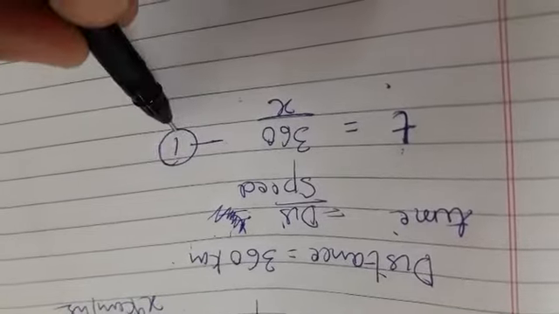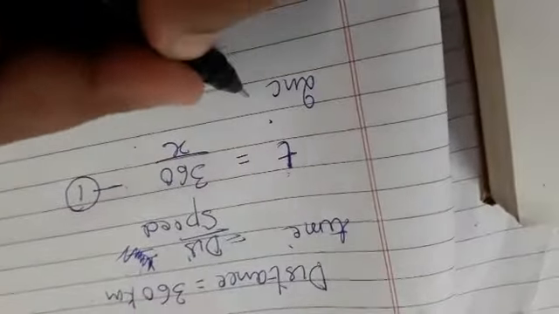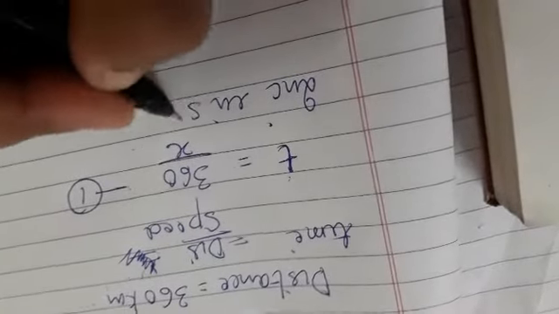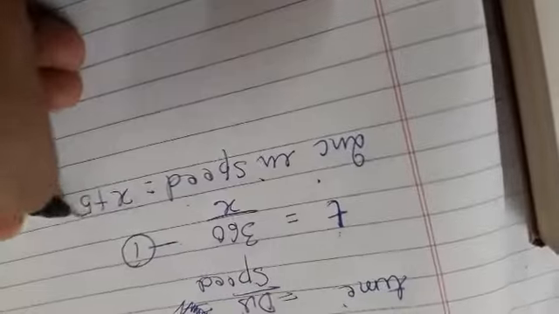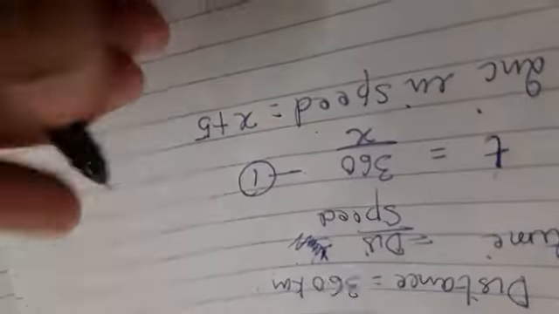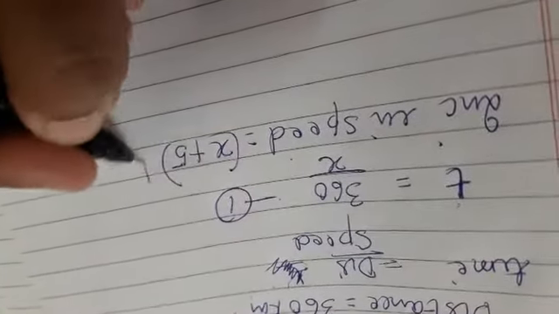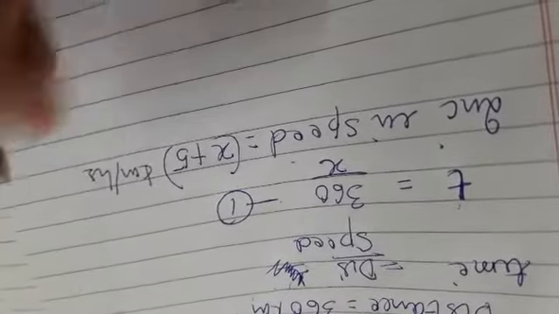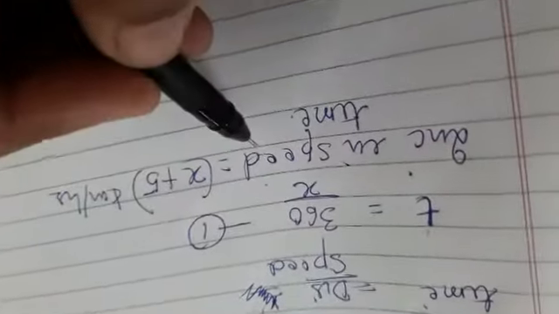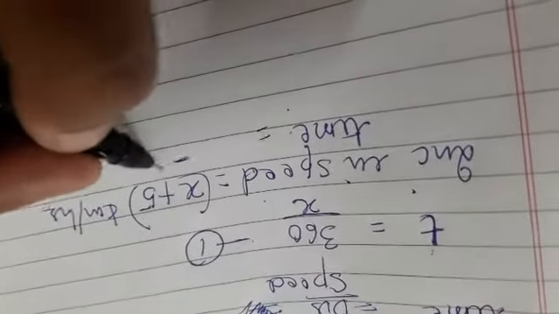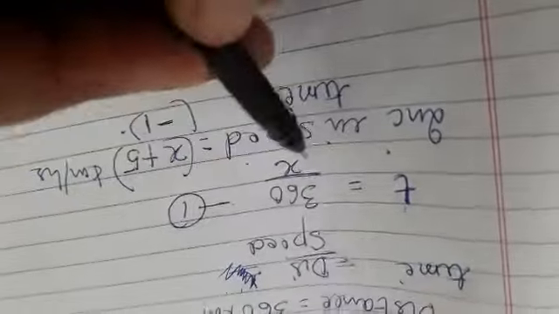This is equation 1. Now it is saying that if the speed increases, the increase in the speed is given by x plus 5. That means it increases by 5 km per hour, right? And obviously the time will change, because I told you that speed and time are inversely proportional to each other. So time will be 1 hour less than what? Than this one.